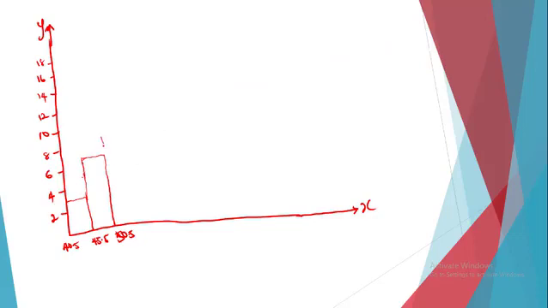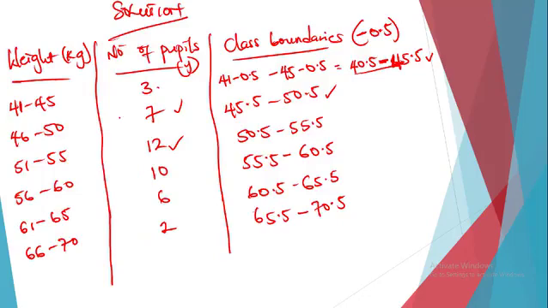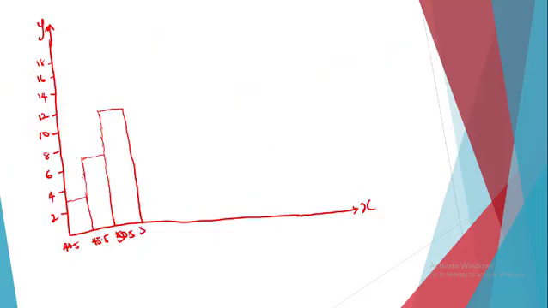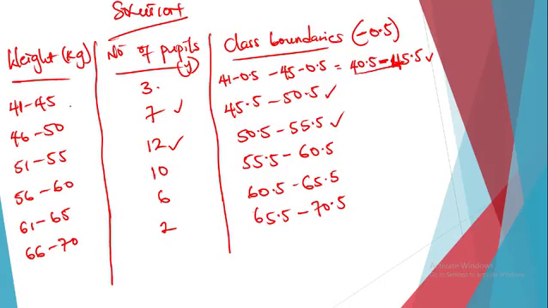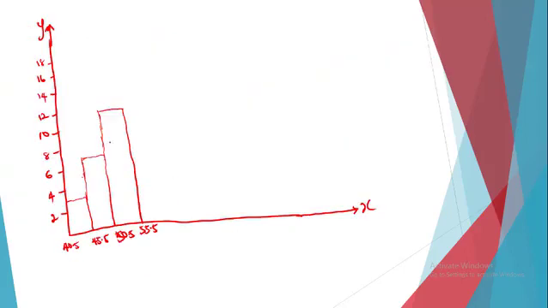We move from here, and this is our 12. We draw down, and that is 55.5. The next thing we have is 10, and it's 60.5. This is 10 here.